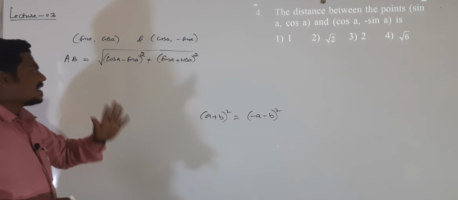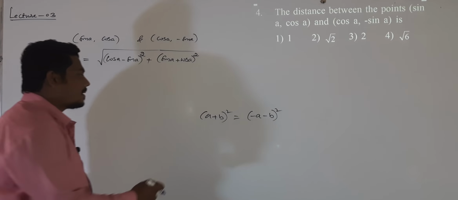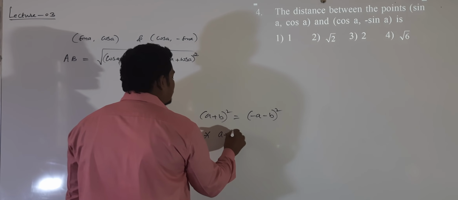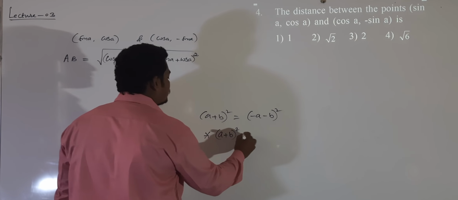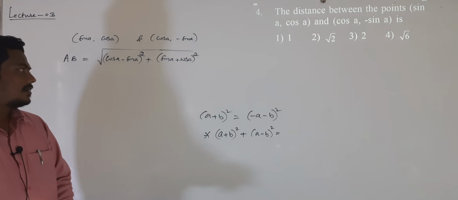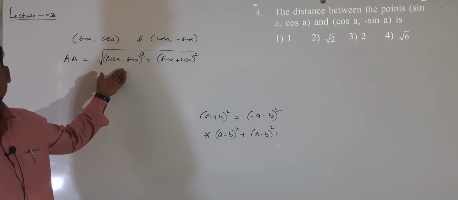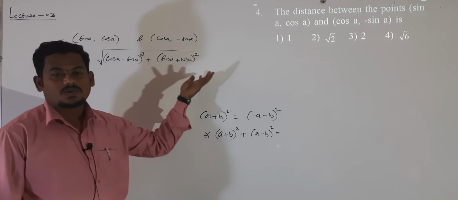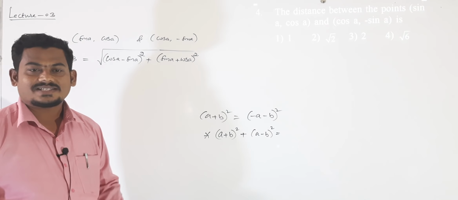And in this case apply one formula. It is a well known formula. a plus b whole square plus a minus b whole square equals, what is the formula? Or else you can use the usual expansion. Just apply the a minus b whole square and a plus b whole square formulas and simplify, lastly you get the same answer, right?